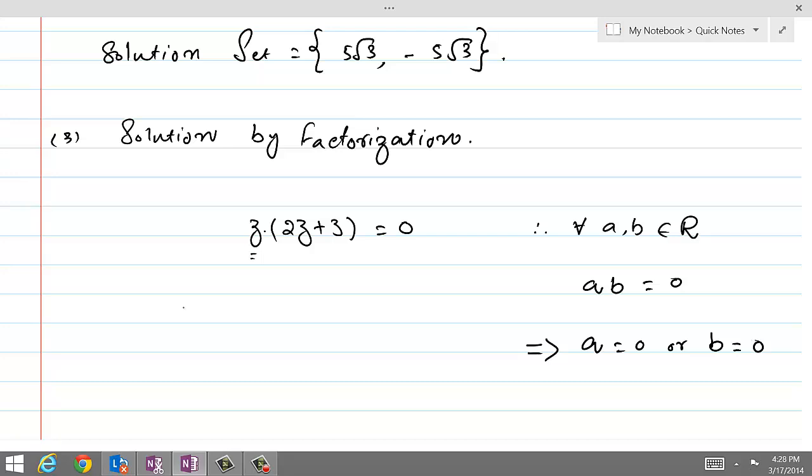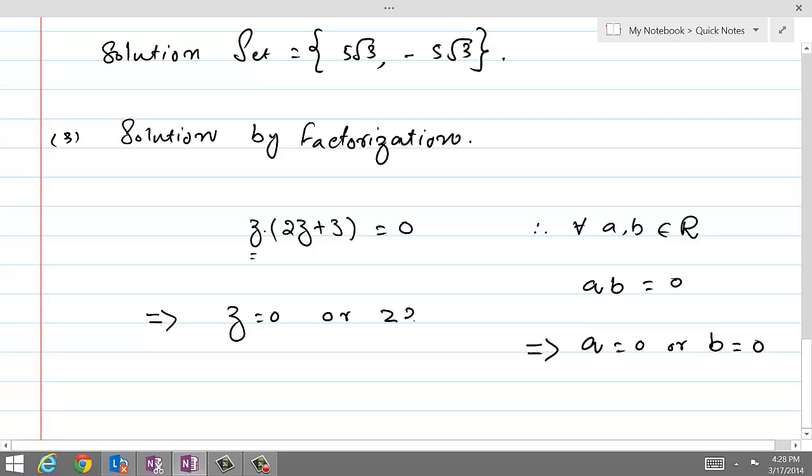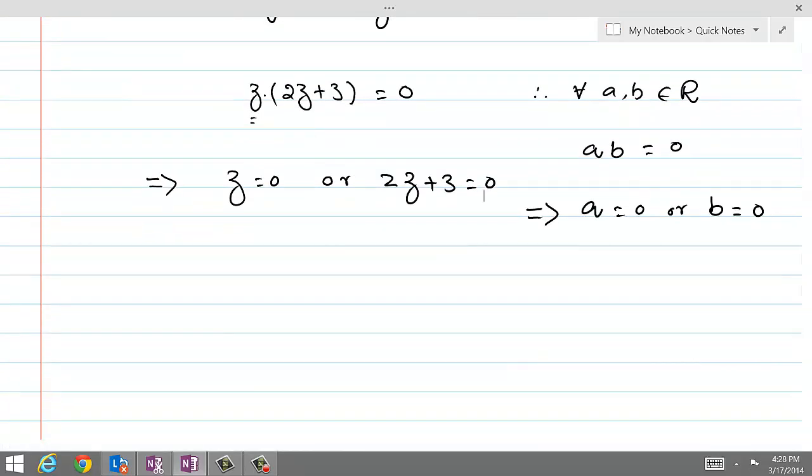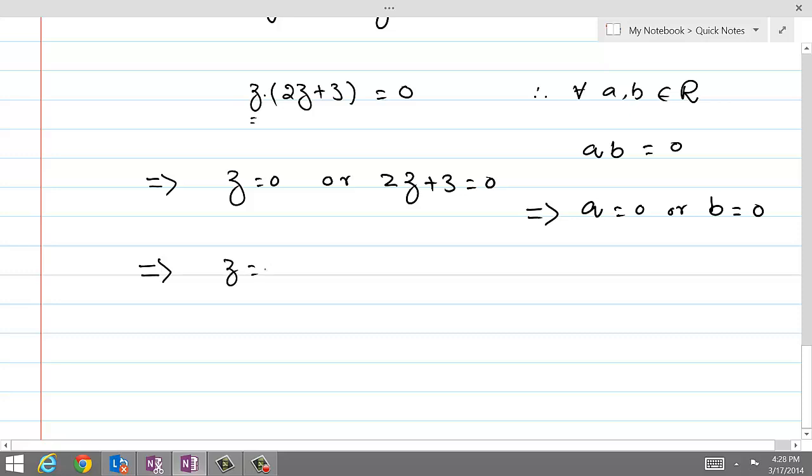So either Z is equal to 0 or 2Z plus 3 is equal to 0. Now taking advantage of this, we can find out values of Z independently. Here already we have a value of Z that is equal to 0, or from this we can find the other value. If 2Z plus 3 is equal to 0, then we can isolate Z on the left hand side just like we solve linear equations in one variable.